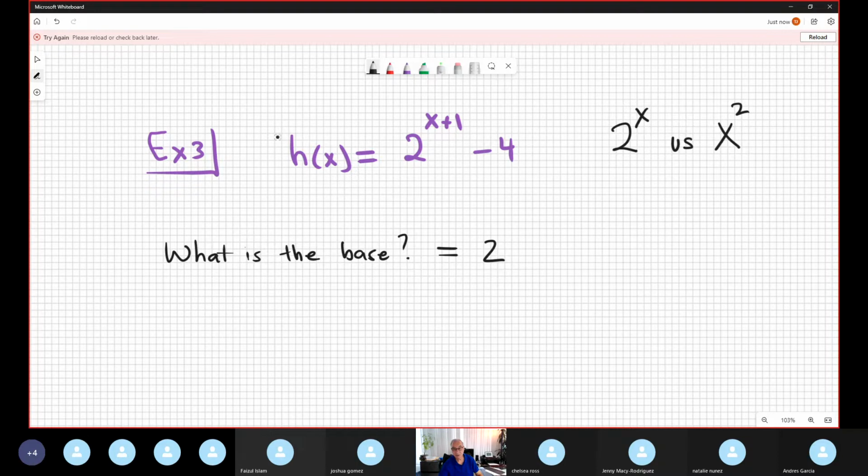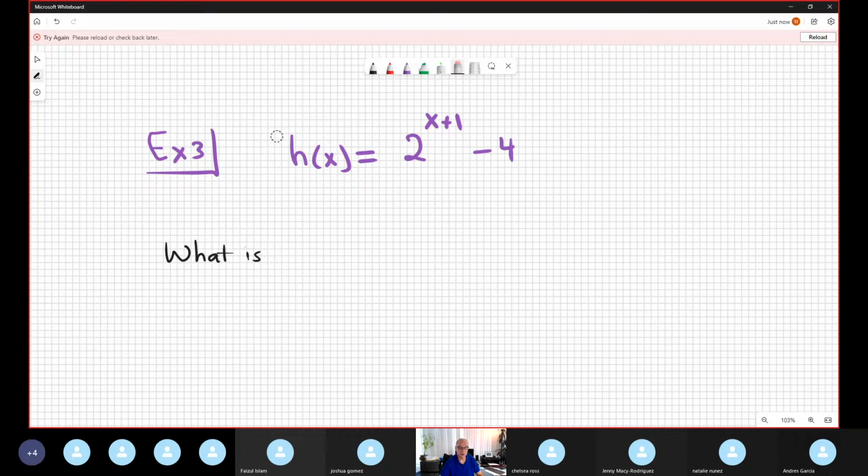That means that this function increases faster than this. That is the reason for the popular phrase that the population increases exponentially, but this is not true. I want to explain to you more why it's not true. Okay, so the base is clear.